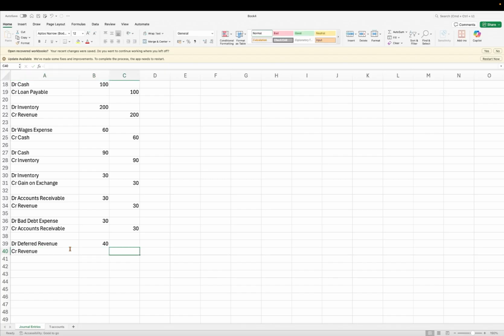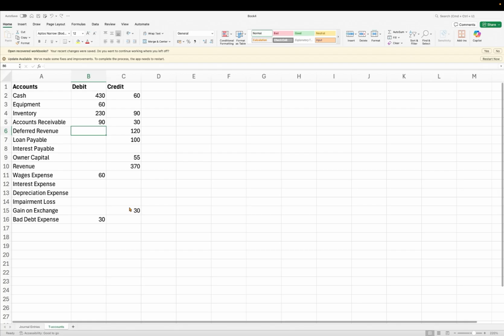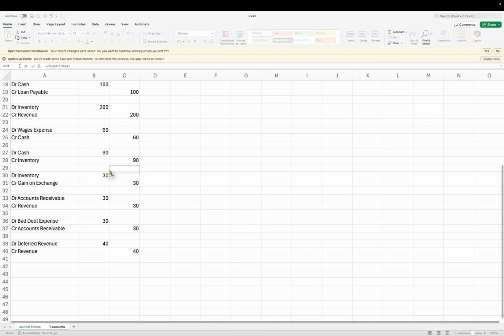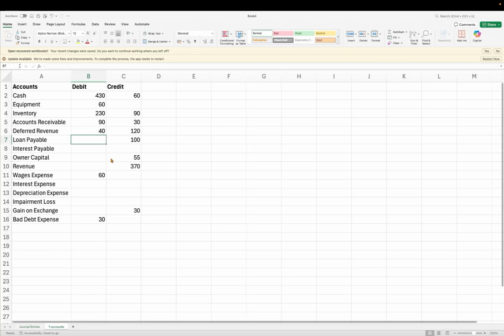Making revenue 22 credits. We'll mark it as 40. So what we do, as always, the journal entry shows a debit of 40 to deferred revenue. As always, we add, right? Let's add this way. We get 40.